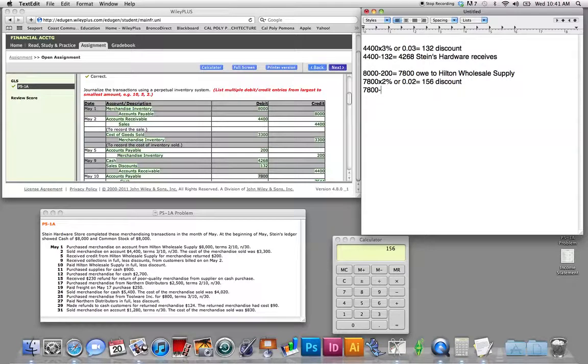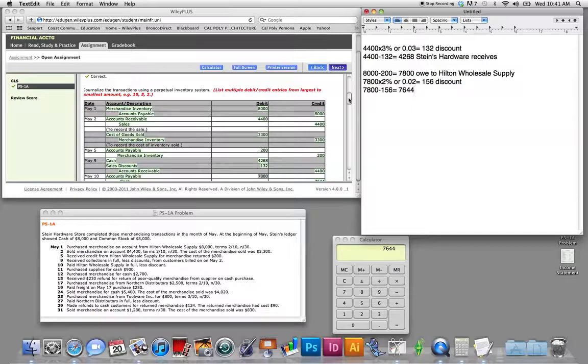And we're going to be subtracting our discount that we're receiving. So that would equal the total amount that we're going to be paying to Hilton Wholesale Supply. So we do 7,800 minus 156, which equals our total that we're going to be paying to them. So that is $7,644.